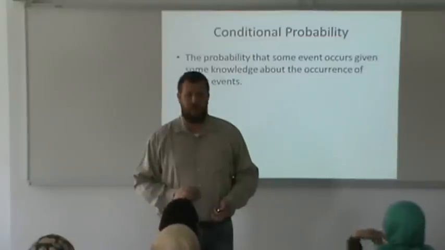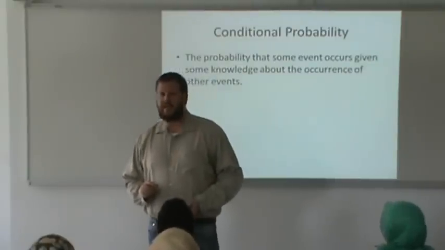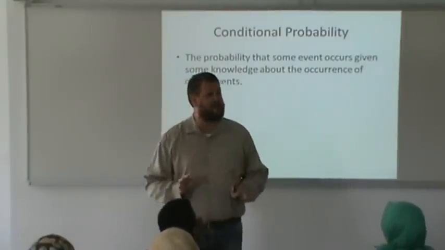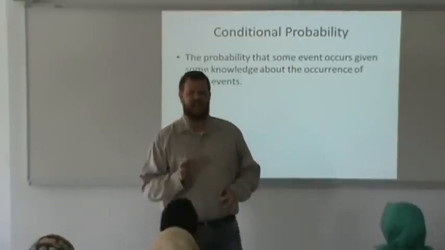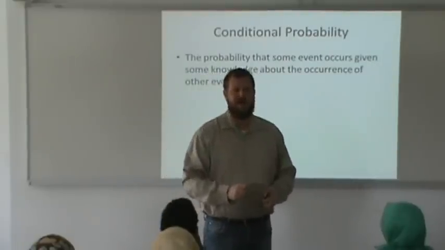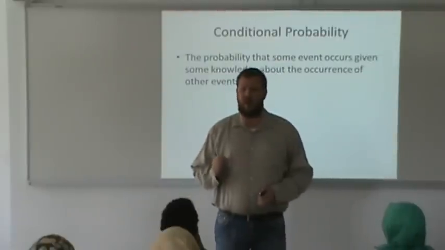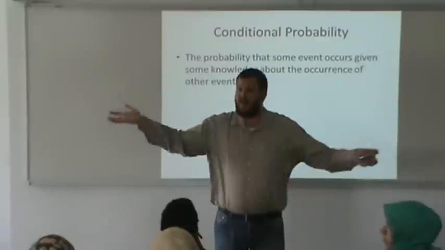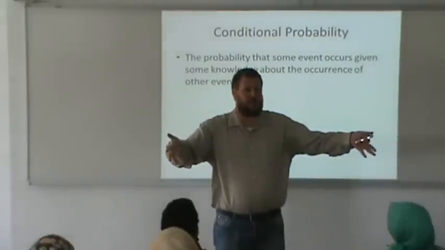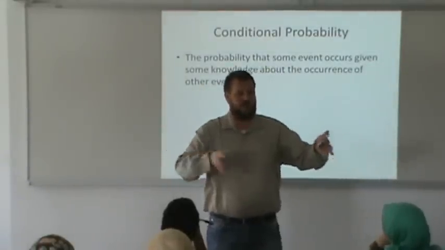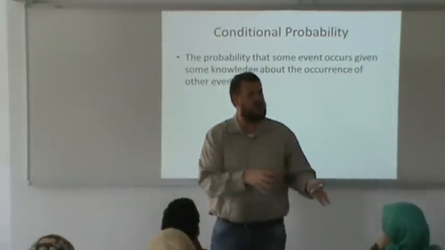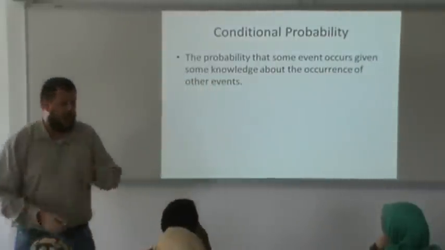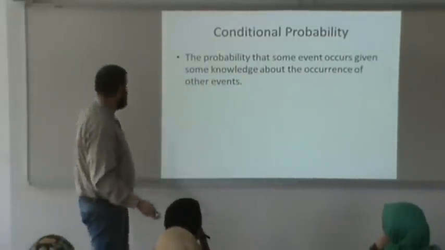Maybe I should restate this differently. Not on different flips. What's the probability that a heads occurred on flip 1 given that heads occurred on flip 1? 1. Right? You already know that a heads occurred on flip 1. So with that extra piece of information, you know that the probability of the heads was 1.